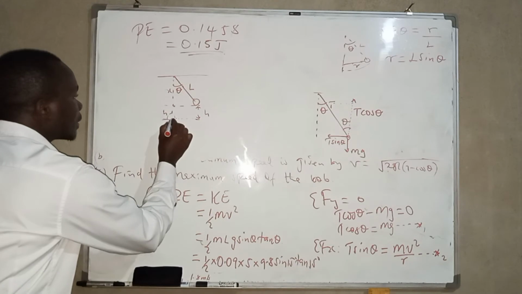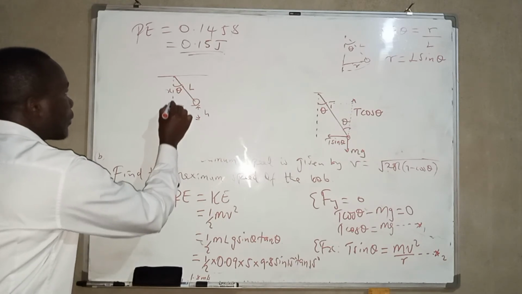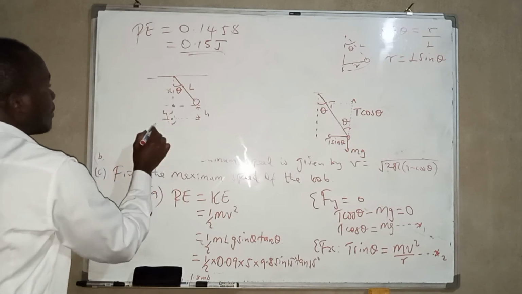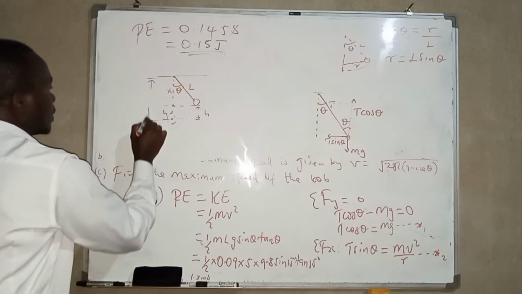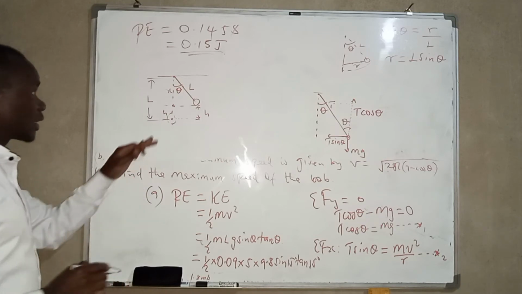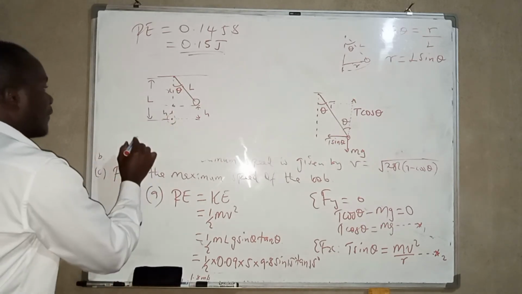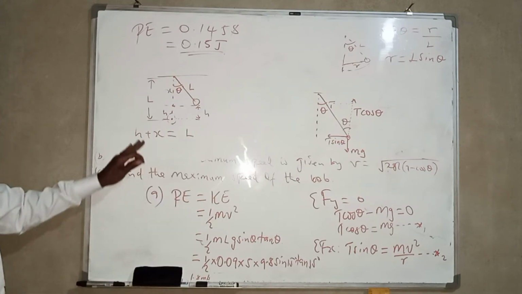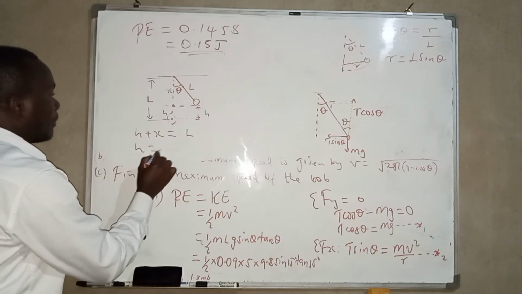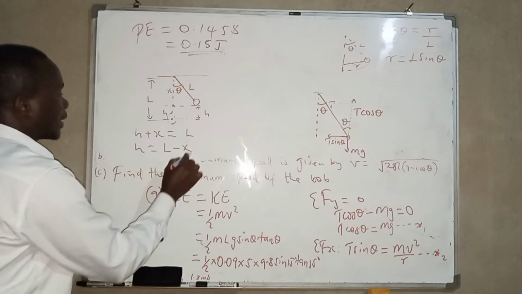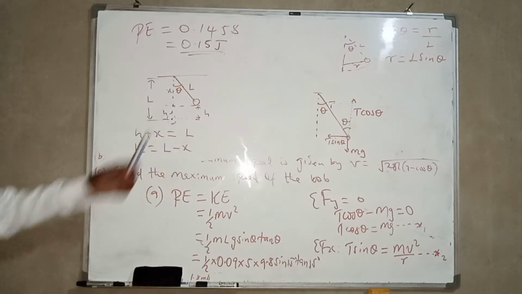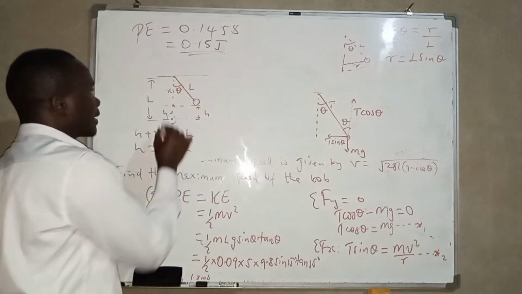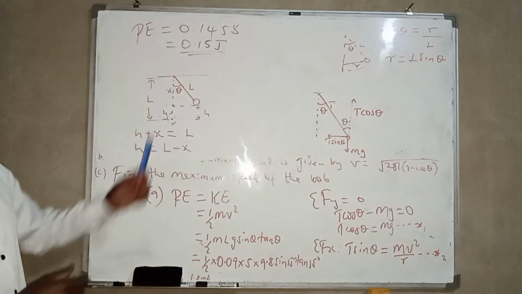So from this point to this point and this point to this point, it is L. So this is the length of the pendulum, which is L, which is the summation of h plus X equal to L. So our h will be equal to L minus X. But from SOHCAHTOA, X is the side that is adjacent to the angle.